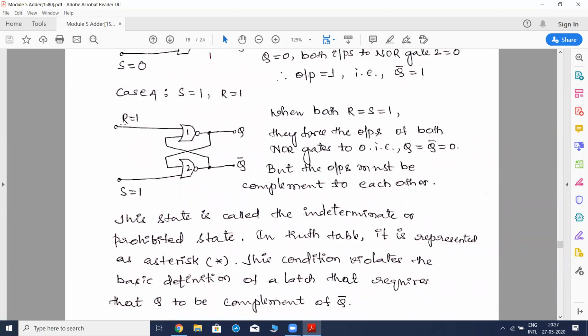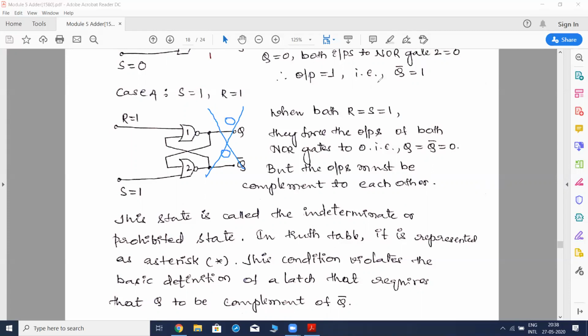because it cannot happen. When R is 1, S is 1, obviously according to the NOR gate truth table, it will force Q to 0 and Q bar also to 0. This condition cannot happen in our flip-flops or latch, because Q and Q bar must be complement to each other. Because of this, this particular input state, S equal to 1 and R equal to 1, is called the indeterminate state, or the prohibited state.